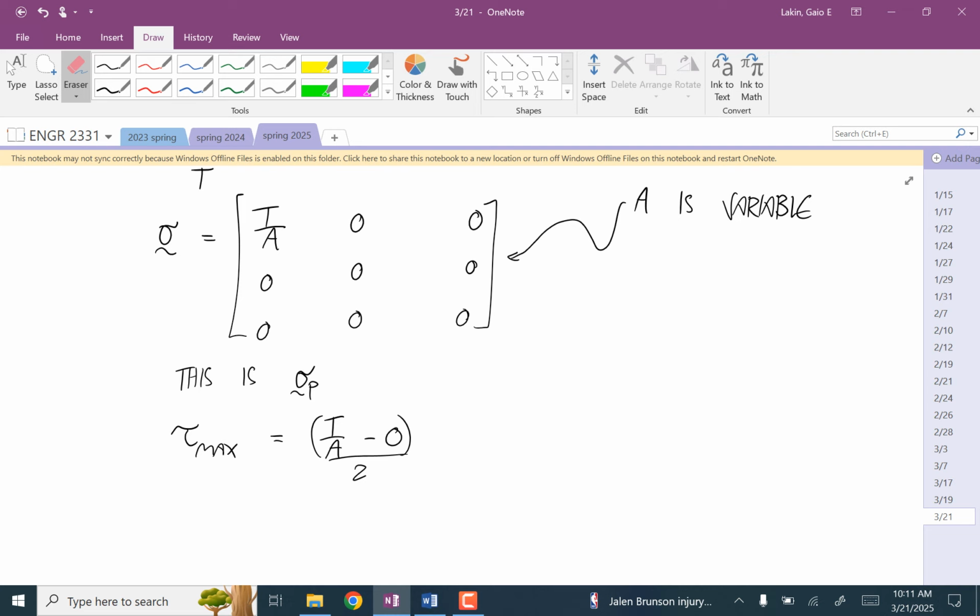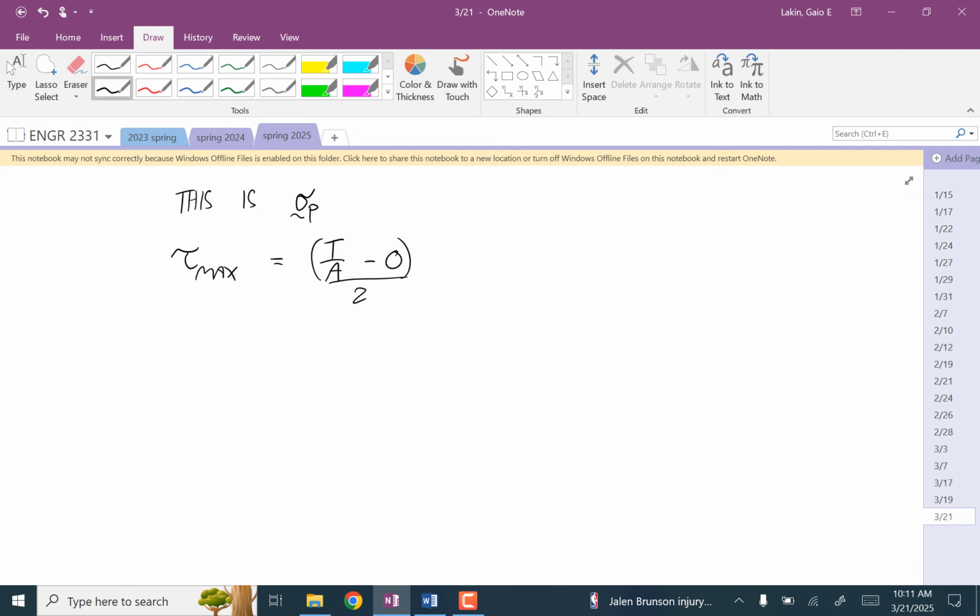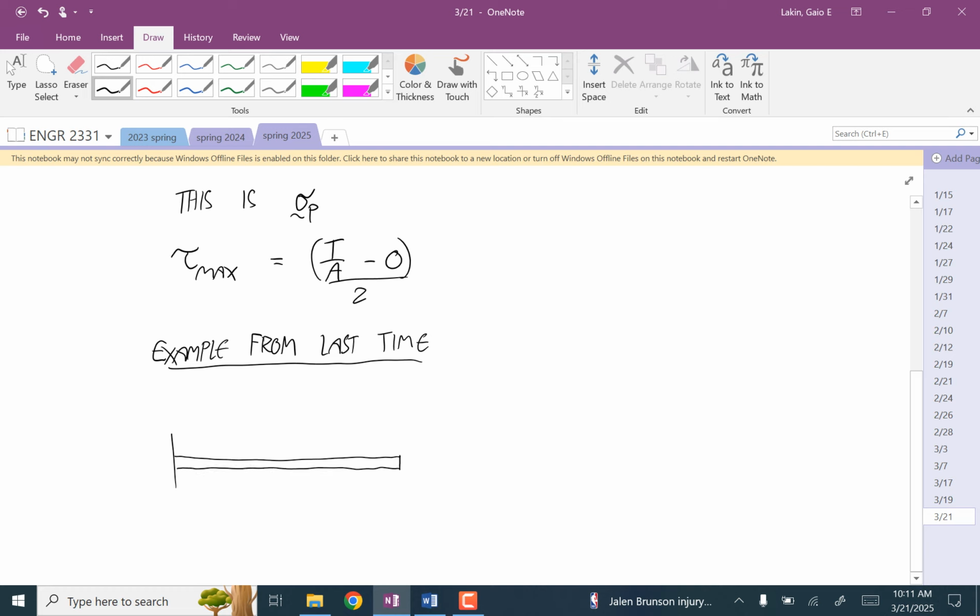Let's think about the example we did last time. So we had a 200 Newton meter torque and a 1500 Newton force.